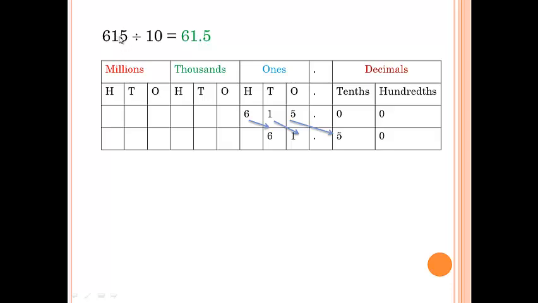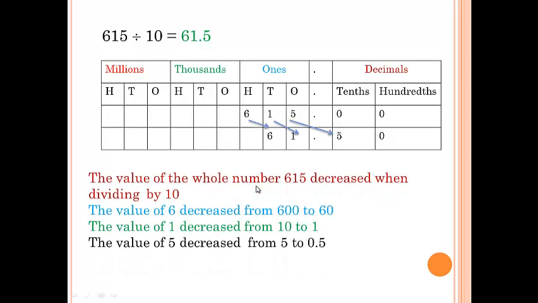The point will sit here. 5 in the ones, change it to be 5 in the tenths after the decimal point. 1 in the tens, change it into 1 in the ones. 6 in the hundreds, change it into 6 in the tens. So the whole value of the number is decreased when dividing.